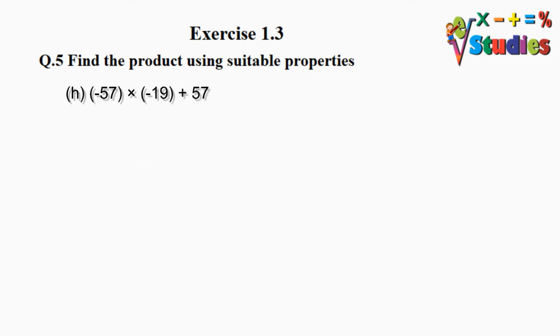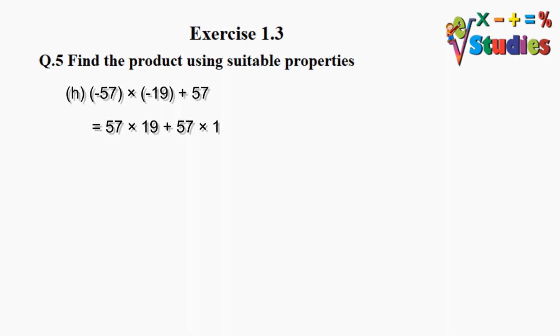The next one we have is question number 5H. We have negative 57 multiplied by 19 plus 57. So here we have got 57 plus, so we can multiply it with 1. So we can put 57 multiplied by 19 plus 57 multiplied by 1.